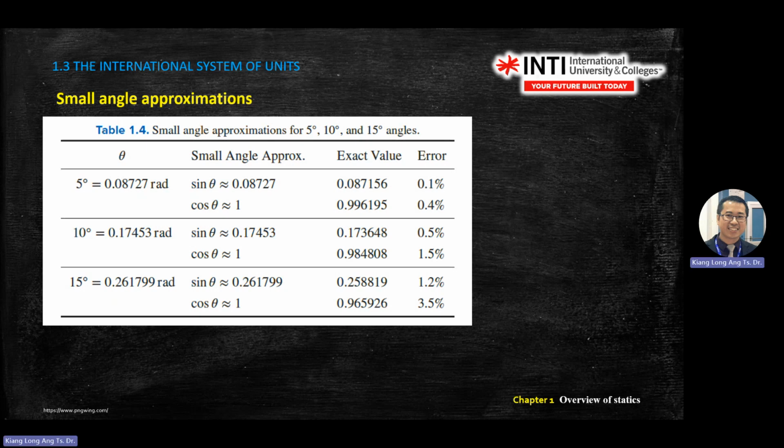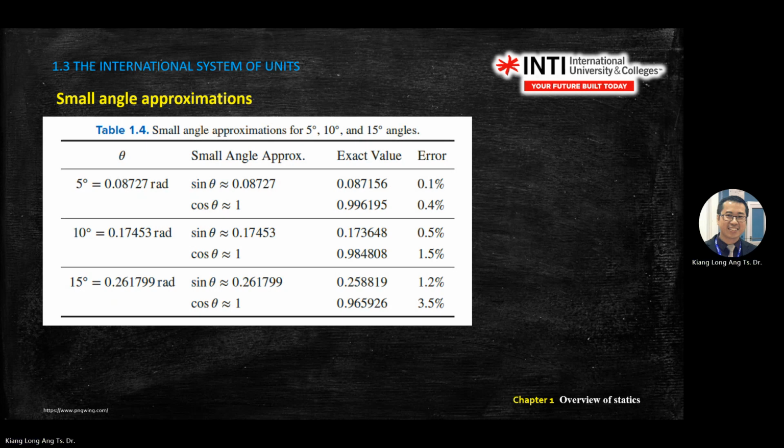Okay, sine theta, this one is in angle, means sine angle degree. If you use approximate method, sine theta equal or very near to theta radian. So theta radian is what? This one. Okay. So if you use approximate, this sine theta degree equal to this radian.